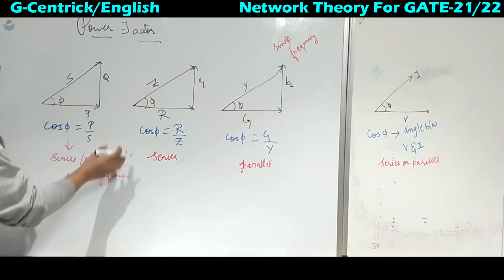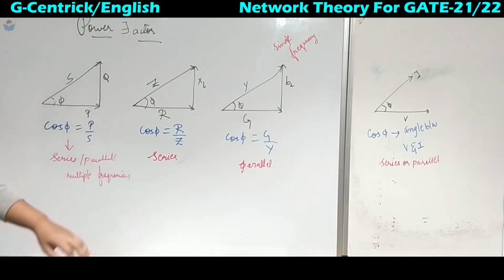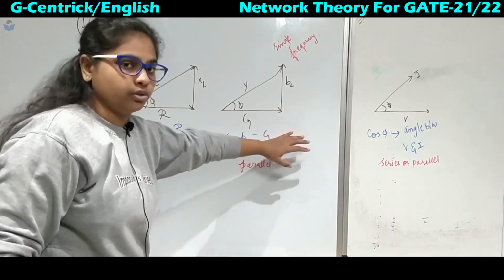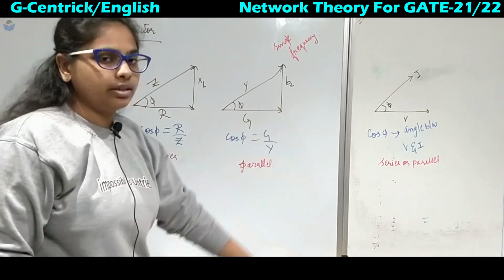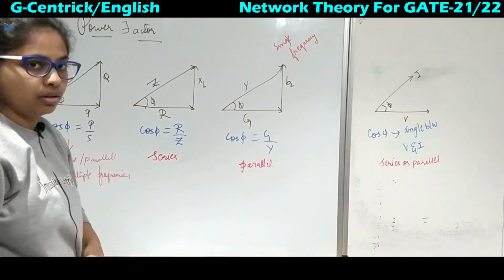So for all types of power factor calculation we can use this formula. That is the reason in power electronics most of the time we use this formula. These other formulas we will rarely use, basically not at all. They are only for the understanding of the power factor.